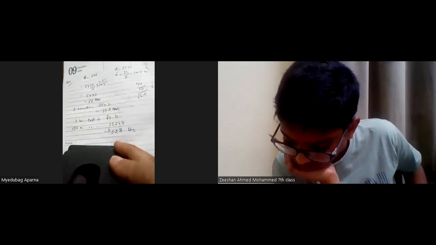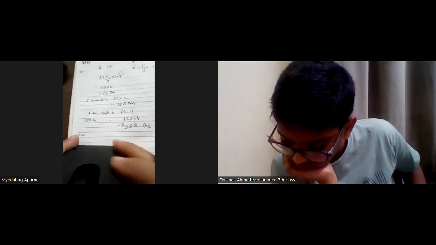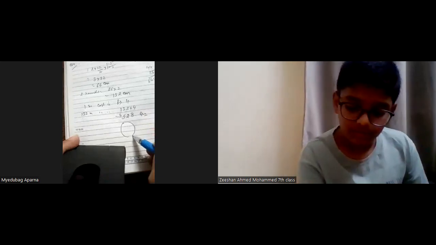A fifth one. From a circular sheet of radius 4 centimeter, a circle of radius 3 centimeter is removed. Find the area of the remaining sheet. Is the question clear or not?